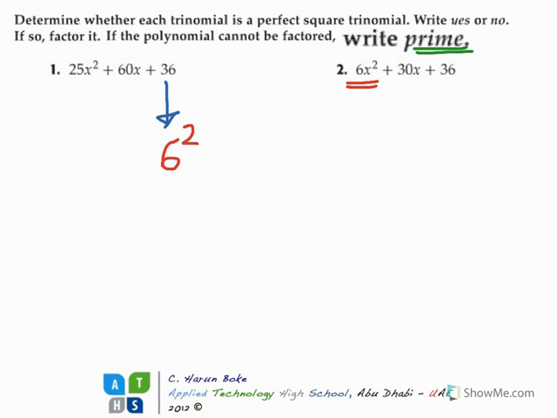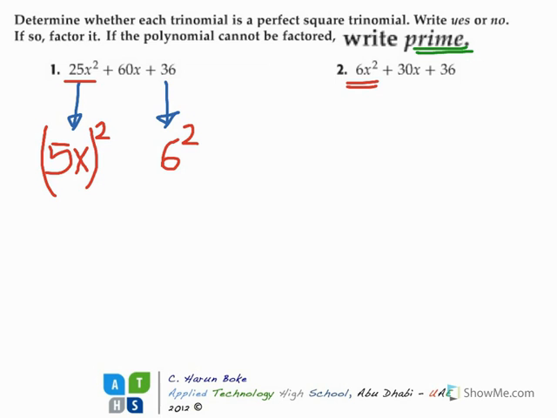What about 25x squared? Here, is 25 a perfect square number? Well, yes, actually it is 5 squared, but since it's 25x squared, I consider this as (5x) squared in parentheses.